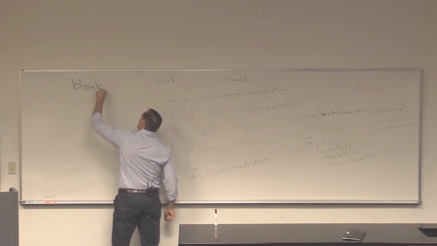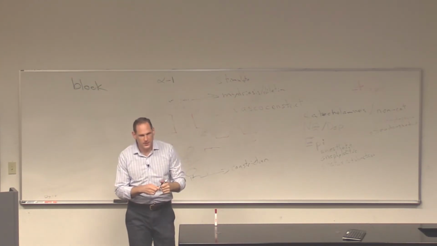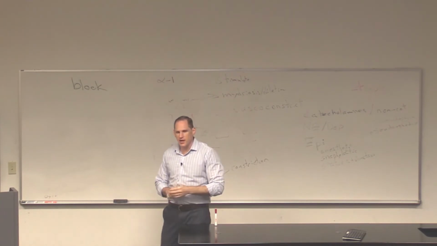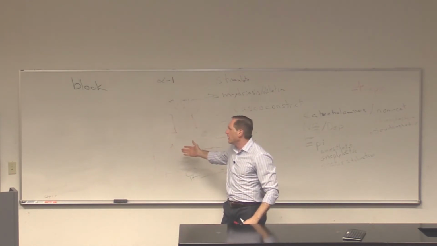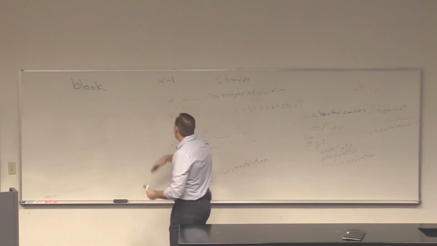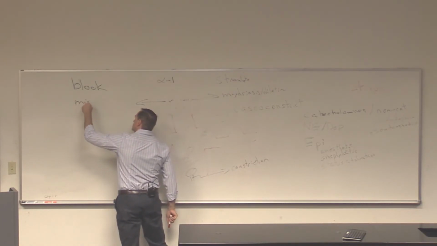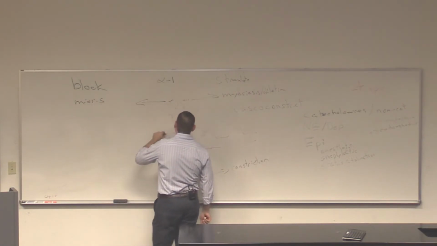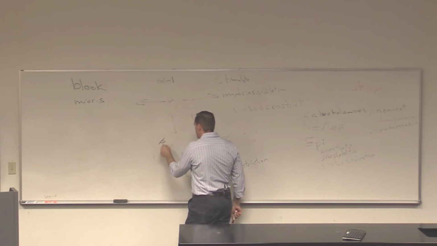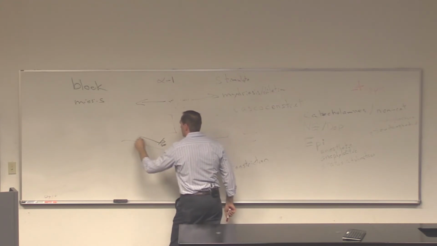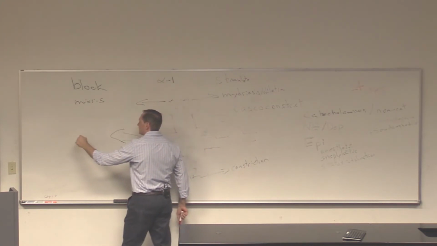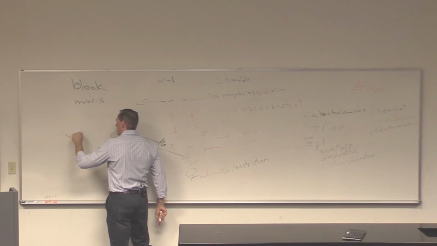All right, so when we block alpha-1, we're going to get the opposite of everything that happened when we stimulated alpha-1. So in the eyes, what are we going to get? We're going to get meiosis. And the skin and gut, what are we going to get? We're going to get vasodilation.